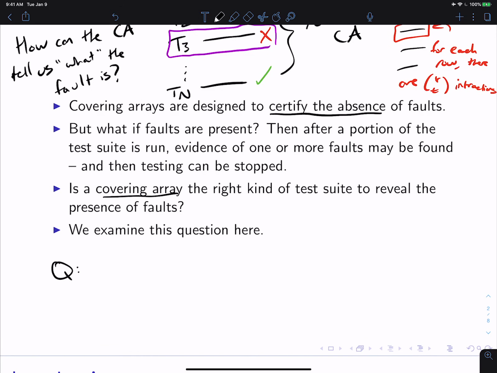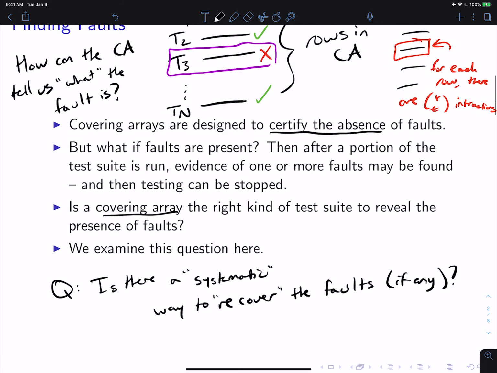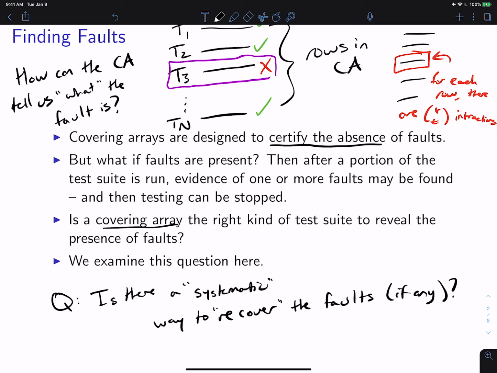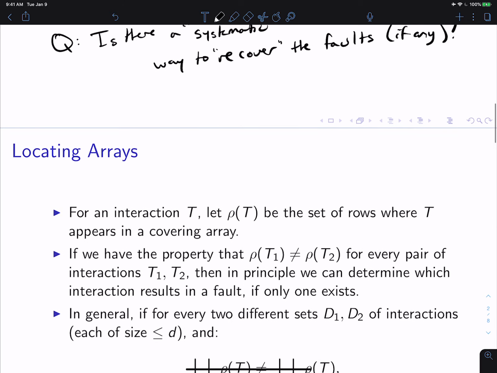So the question we want to answer is, is there a systematic way to recover, whatever it means to recover, the faults, if there are any? If there are faults in the system, and the covering array says there are some, how do we actually figure out what the faults actually are? That is something that is called a locating array.